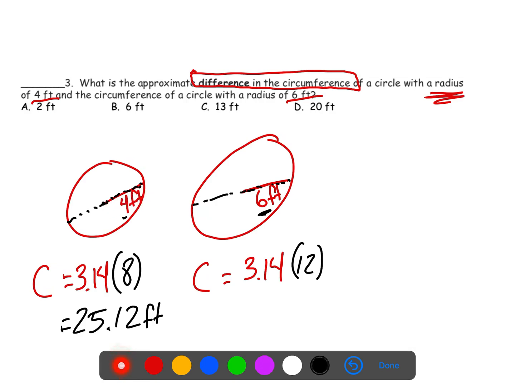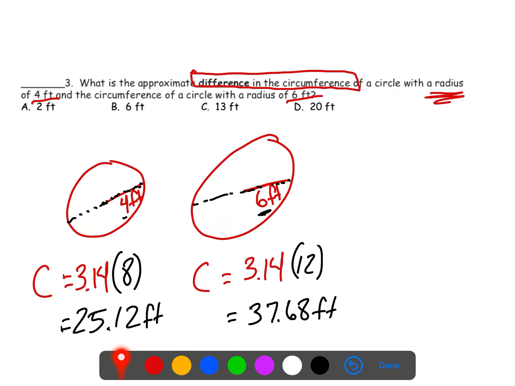I'm going to do the same for the larger circle. So I need to take 3.14 times the diameter, which is 12, and that equals 37.68 feet. Now I also want to make sure I've got the same measurement unit here because I'm comparing them. I'm going to have to subtract them, so I need to be subtracting the same measurement units.